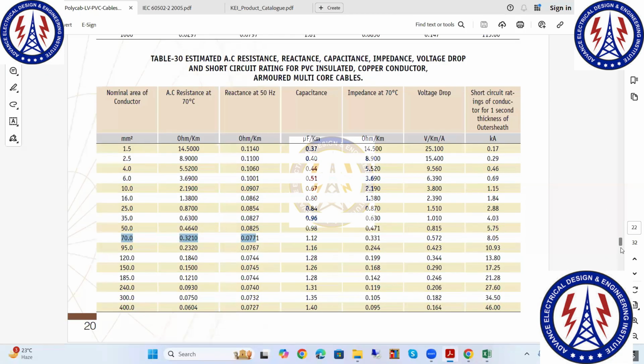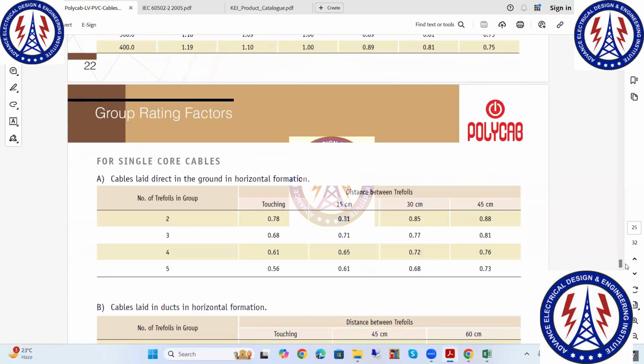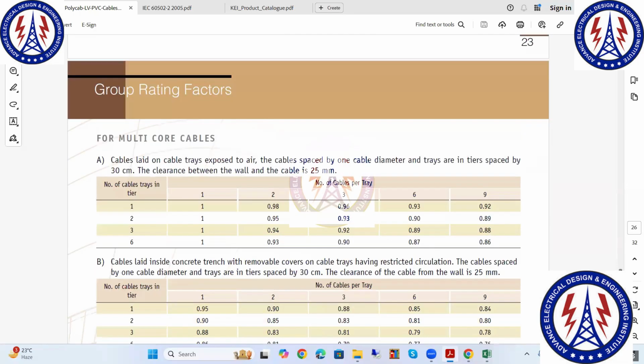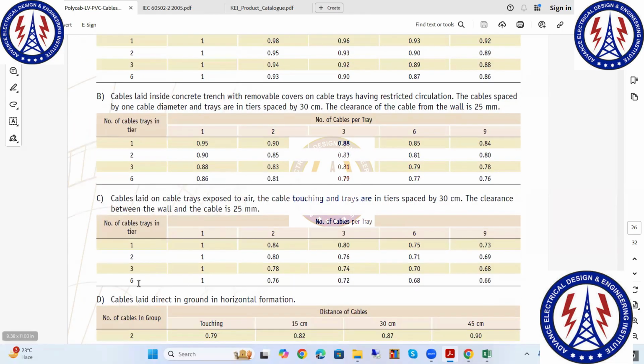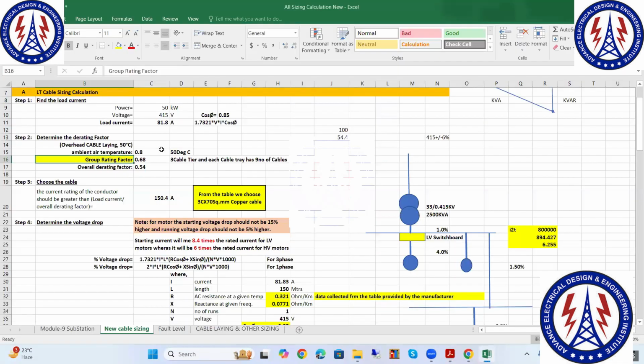There are multiple cables, right? Because of that, the group rating factor will occur. That depends on the single core and the multi-core. So I am using condition C because I'm using the multi-core cable. Suppose I'm using 3 cable trays and each stage has 9 cables, so 0.68. I'm using that here.